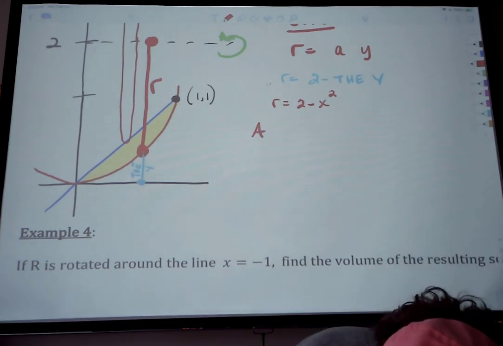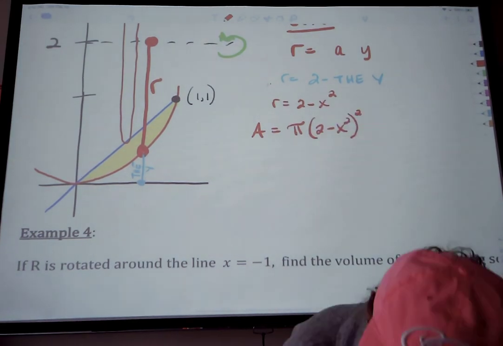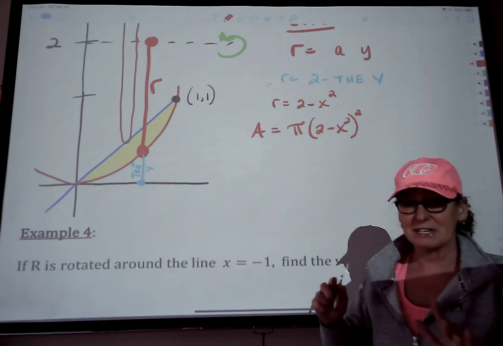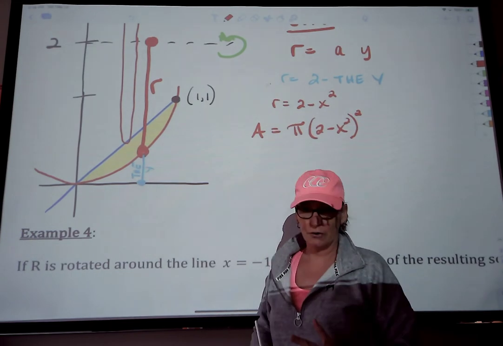So my area is pi r squared. That represents the area of one red circle.